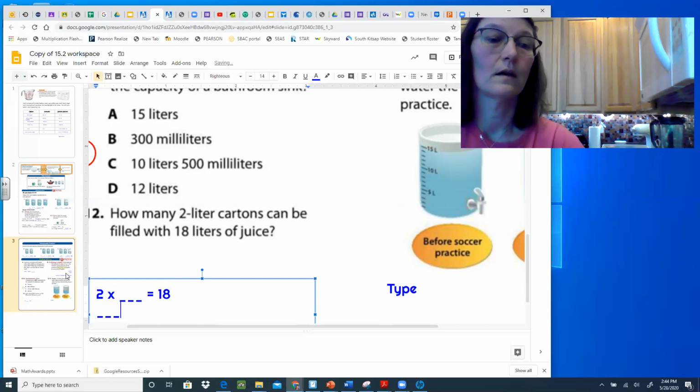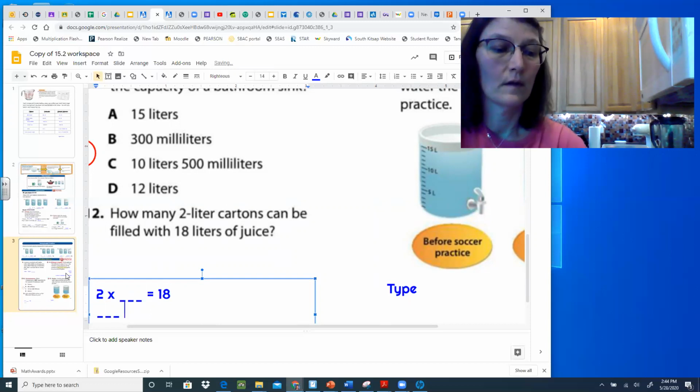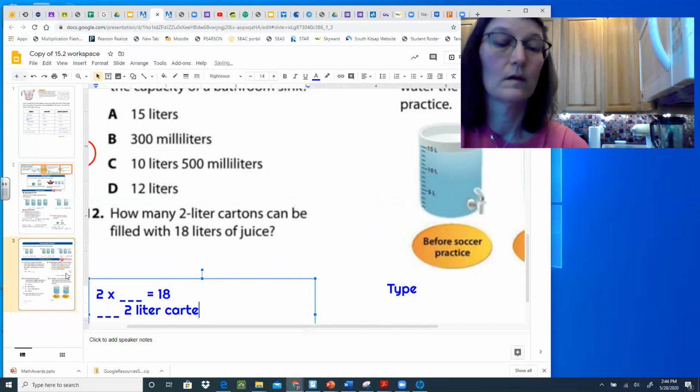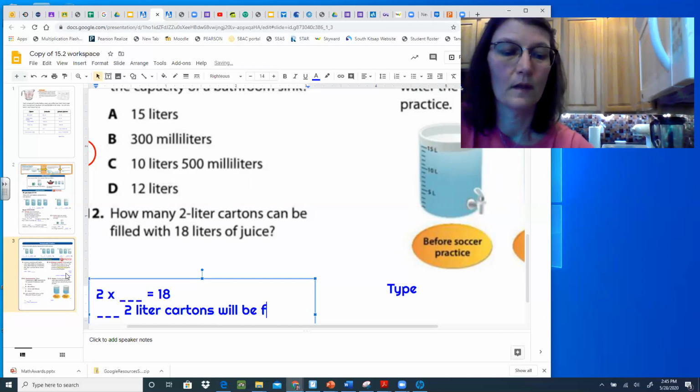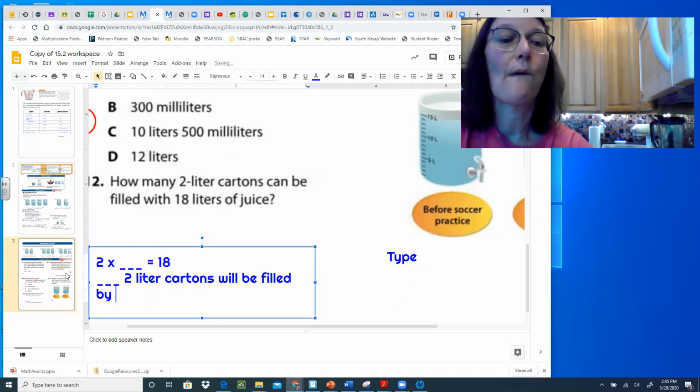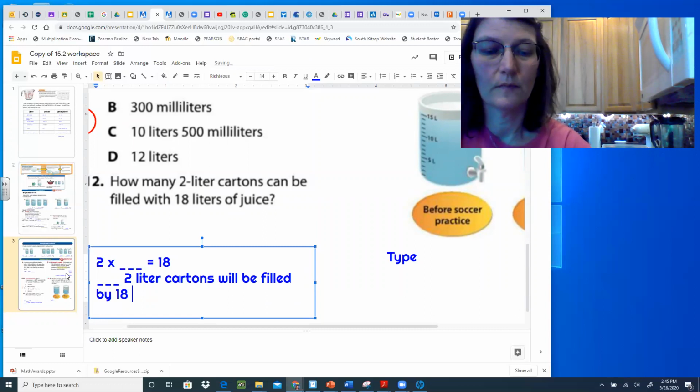So blank 2-liter cartons will be filled by 18 liters of juice.